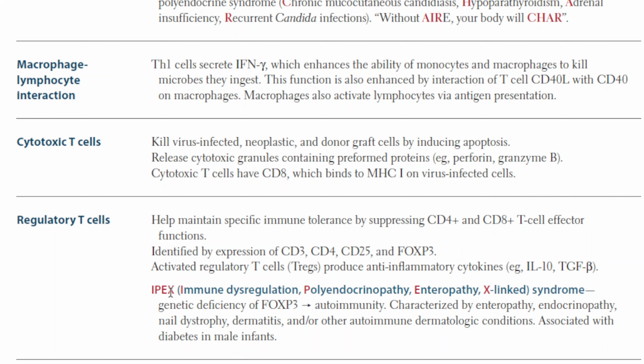So IPEX, let's find out about it. Here in Google it says IPEX syndrome is an acronym for immune dysregulation, polyendocrinopathy, enteropathy, and X-linked syndrome. It is a rare genetic disorder primarily affecting males, characterized by dysfunction of the immune system that attacks the body's own tissues.